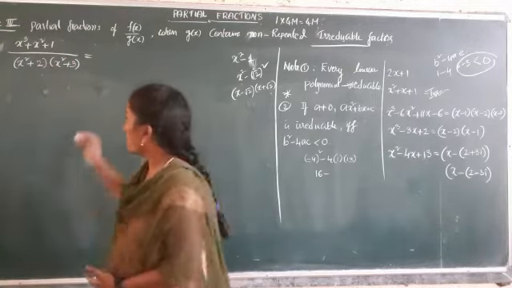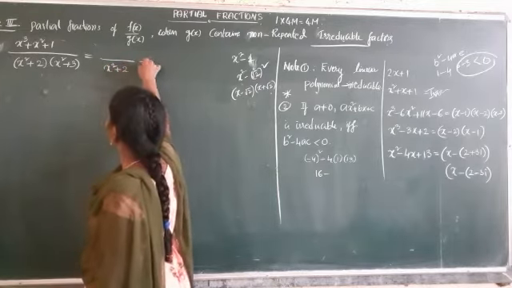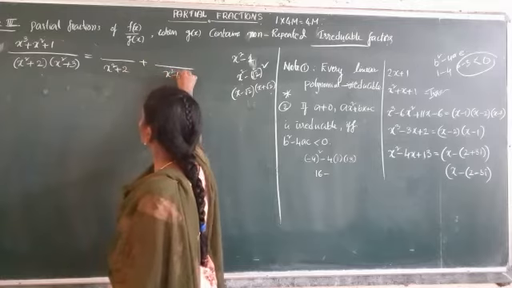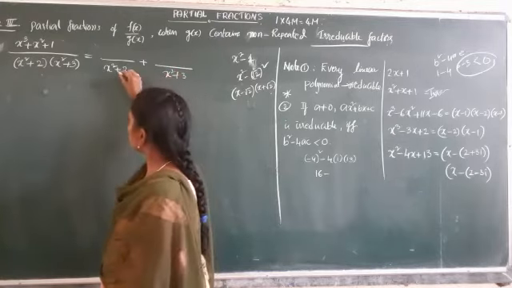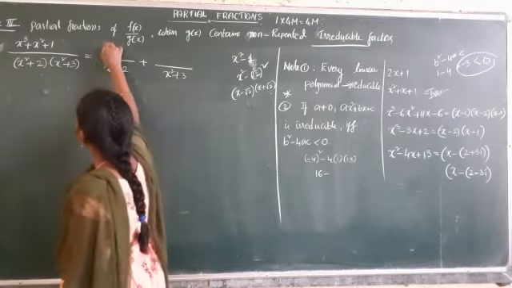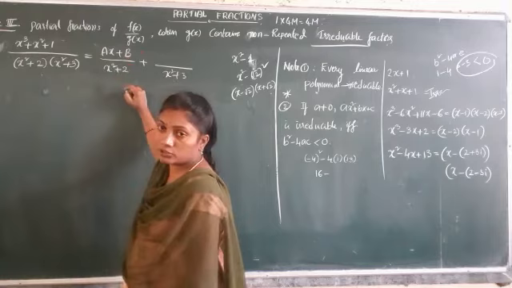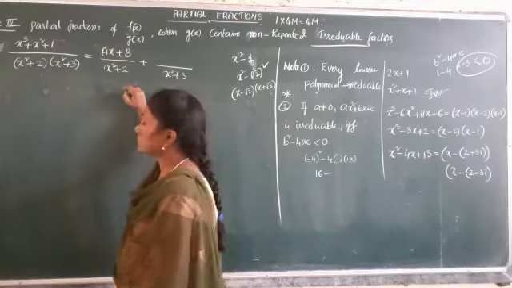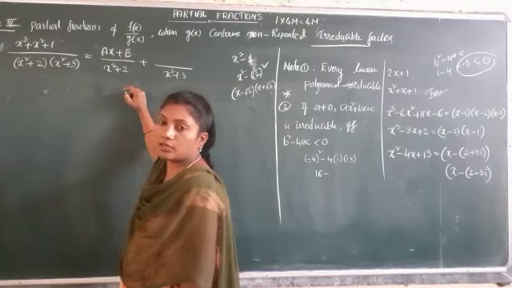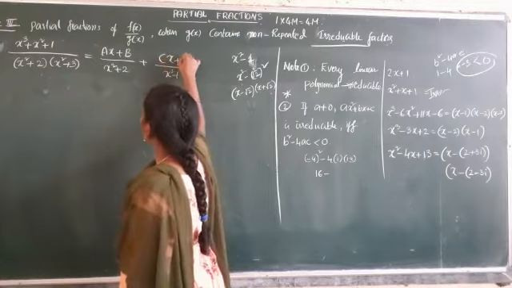Then how do we solve? Same as it is, you have to take x square plus 2 as the first one, x square plus 3 as the next one. Only the thing is the power is 2. For each you have to take a linear expression with the constants a and b, here cx plus d.